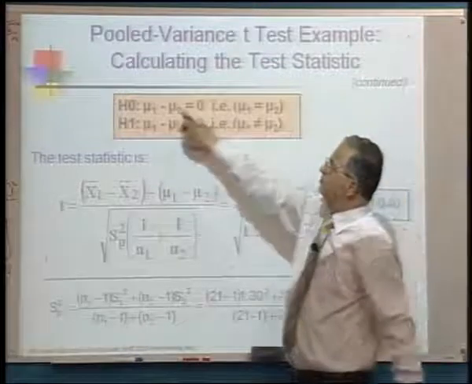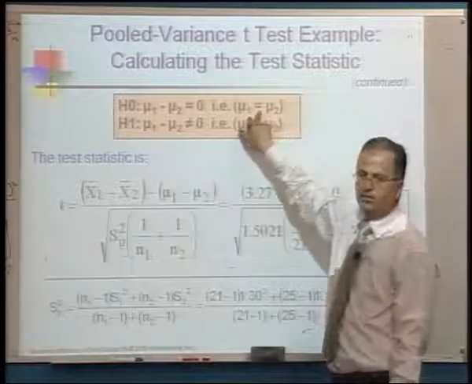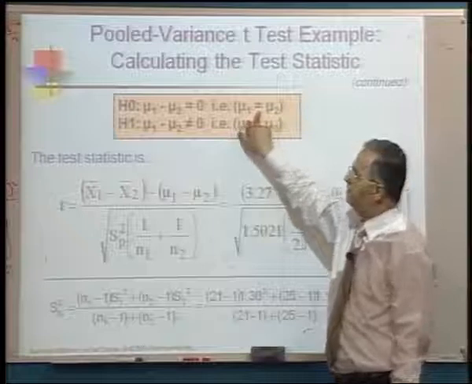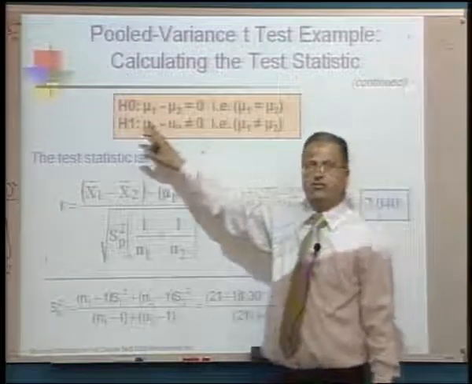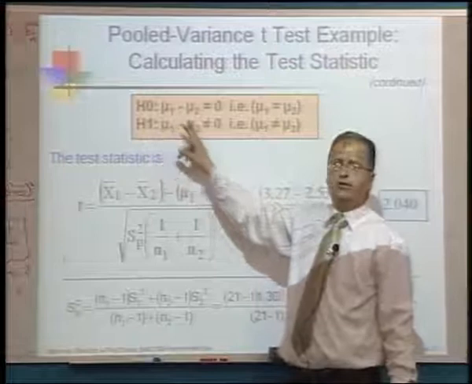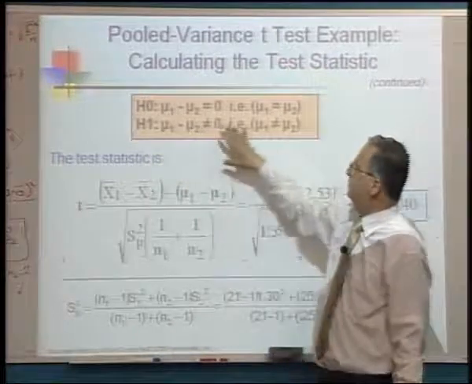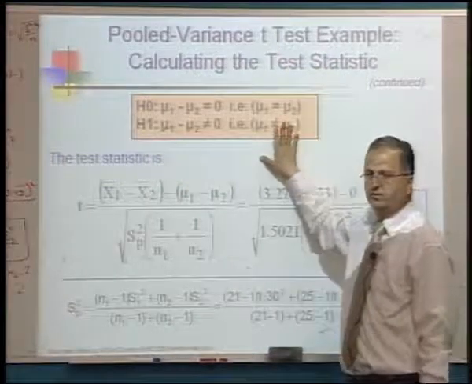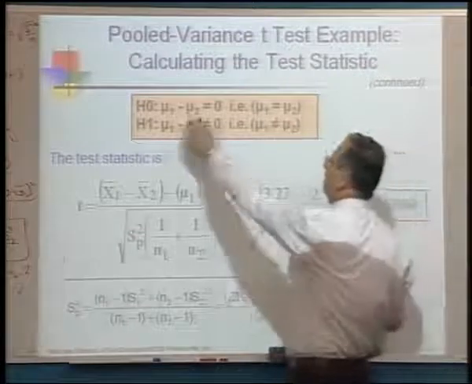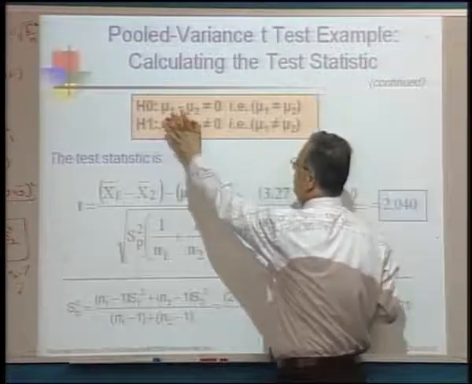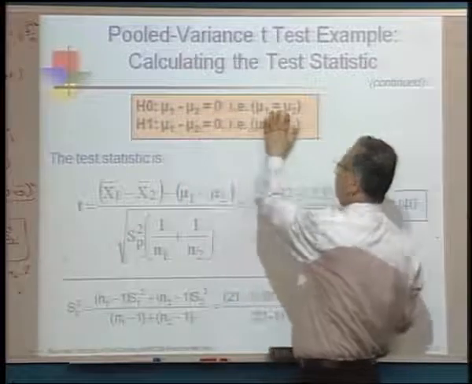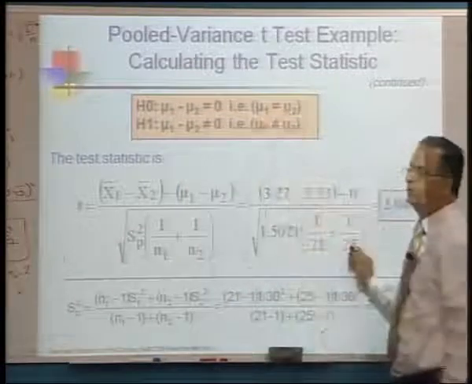So we assume there is no difference. It means mu1 equals mu2 under the null hypothesis, against the alternative hypothesis, mu1 minus mu2 is not 0. That means mu1 does not equal mu2. So either you state the null this way, mu1 minus mu2 equals 0, or mu1 equals mu2.